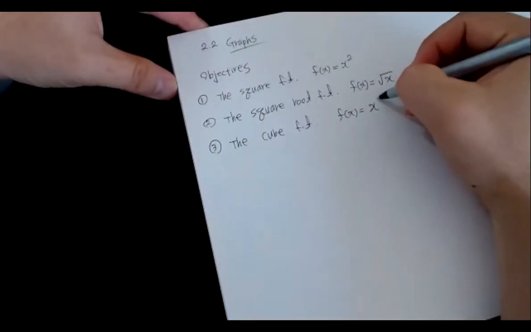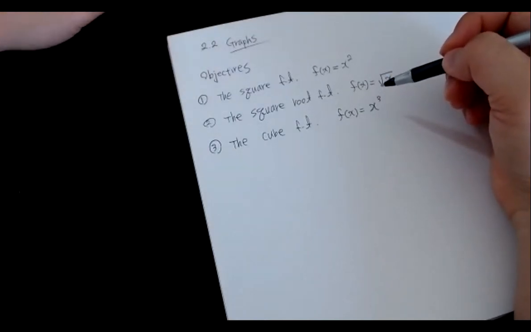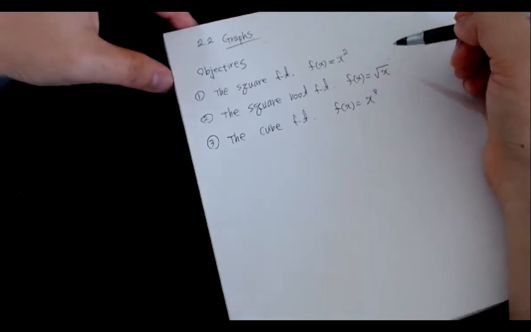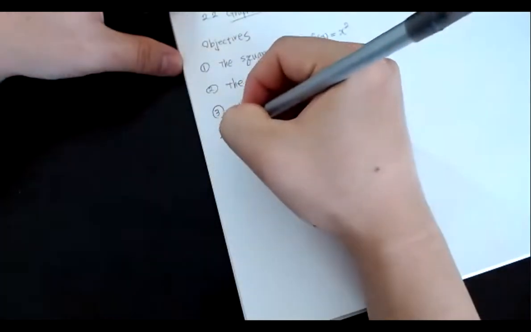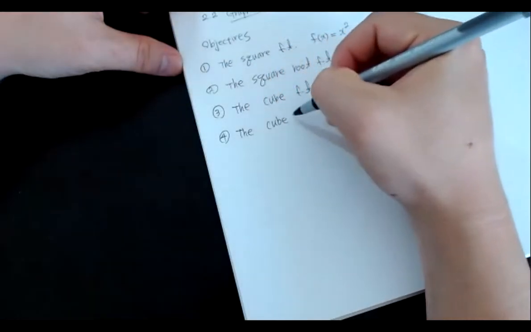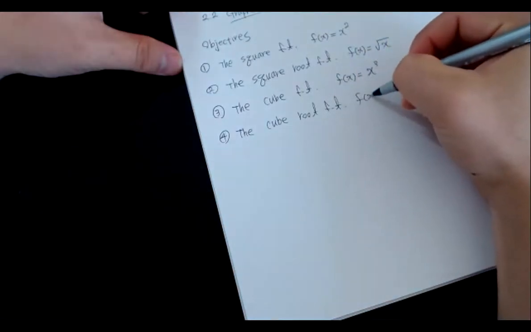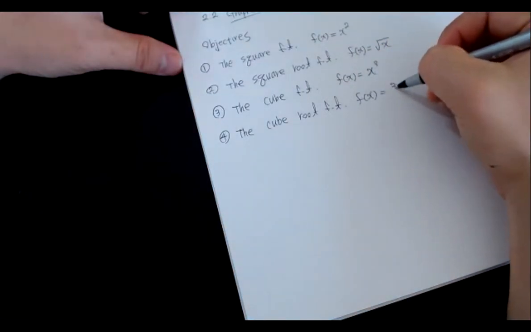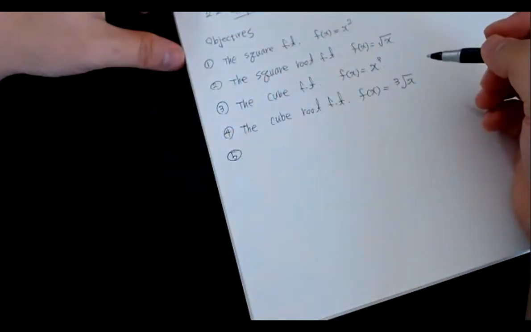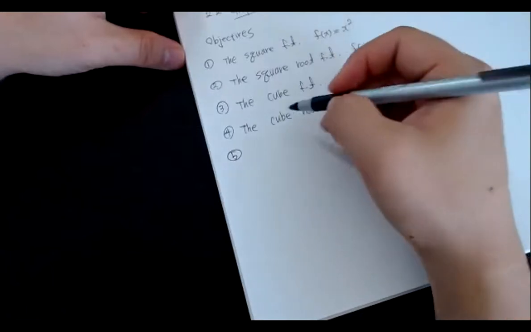Besides x squared and x cubed, I also introduced the power function x to the nth power, where n is even or n is odd. Then the cube root function: f of x is equal to the cube root of x. And the fifth one, the semicircle.